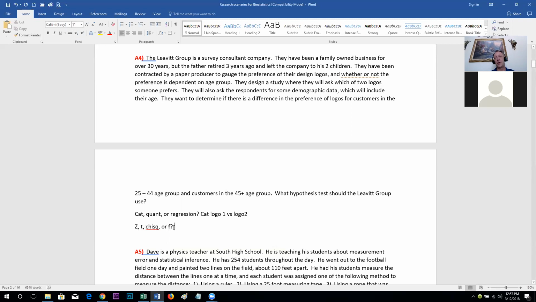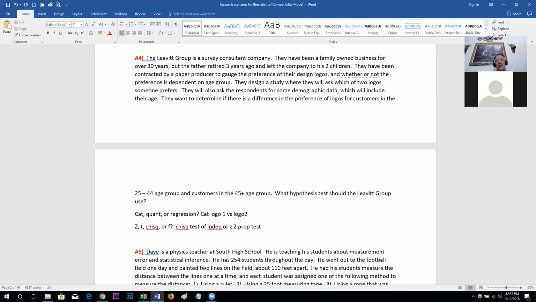Okay. So 2 of the ones you ruled out are both correct. And in fact, I have to tell you a funny thing. This is actually a chi-square test of independence. Yeah, it is that one. Or it could be a Z 2 proportion test. You could actually do this one either way.